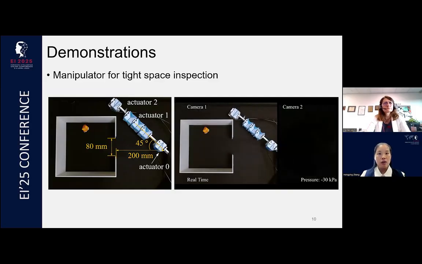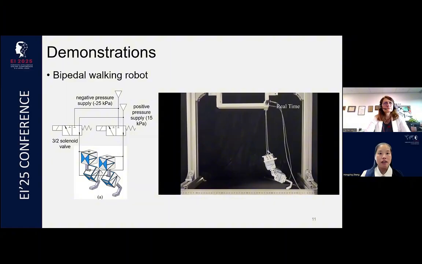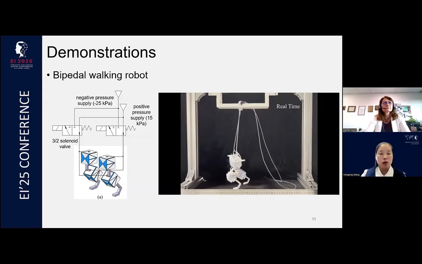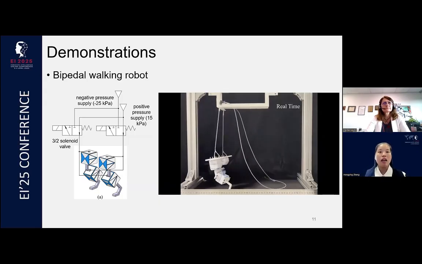And finally, another case is a walking robot. We all know that a walking robot is a very complex system. But if we use these Lego-built modules, we only need 4 modules to build the joint, and then we actuate them sequentially, just using these solenoid valves, and we can generate walking.